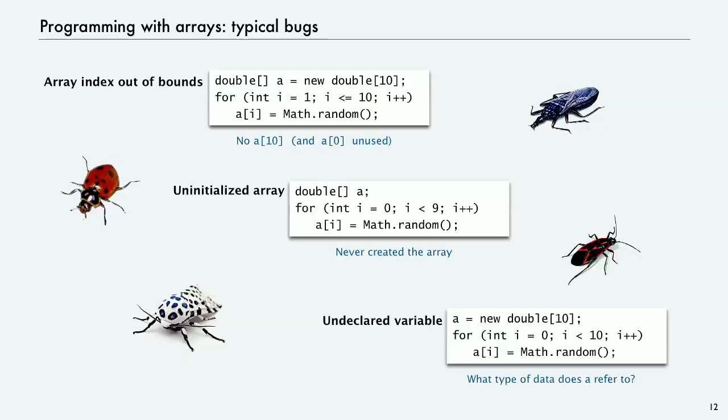So you get an error message on that. Or the other extreme is forgetting to declare the array and just saying, well, A = new double[10]. It should know what A is, but in Java, every variable's type has to be declared before it's used. So the compiler doesn't know what type of data A refers to in order to check that you're doing what you wanted to do.